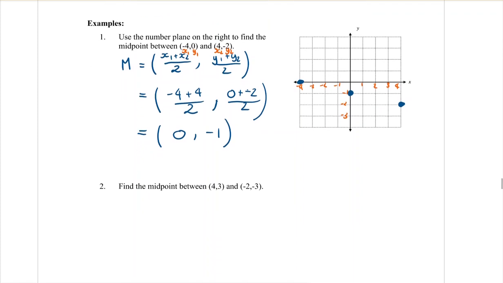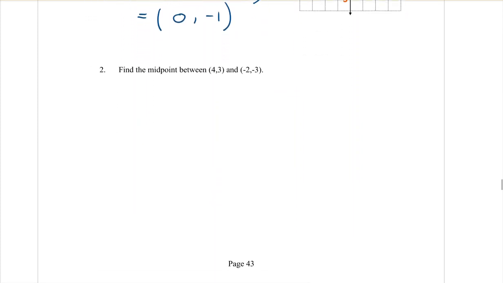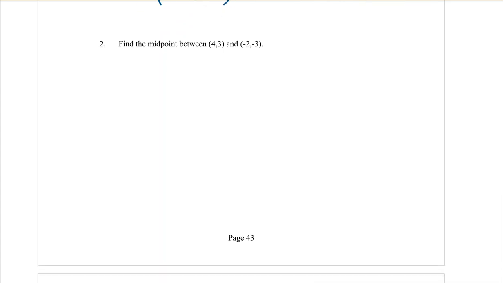Okay, so we're not always going to draw a diagram of it, but here is another question. Find the midpoint between 4, 3 and -2, -3. Let's start by labeling our points: x1, y1 and x2, y2. Then we need to write down the formula. Capital M for midpoint equals, you open a bracket and you add the x's together, x1 plus x2 and divide by 2, comma, y1 plus y2 divided by 2, close bracket.